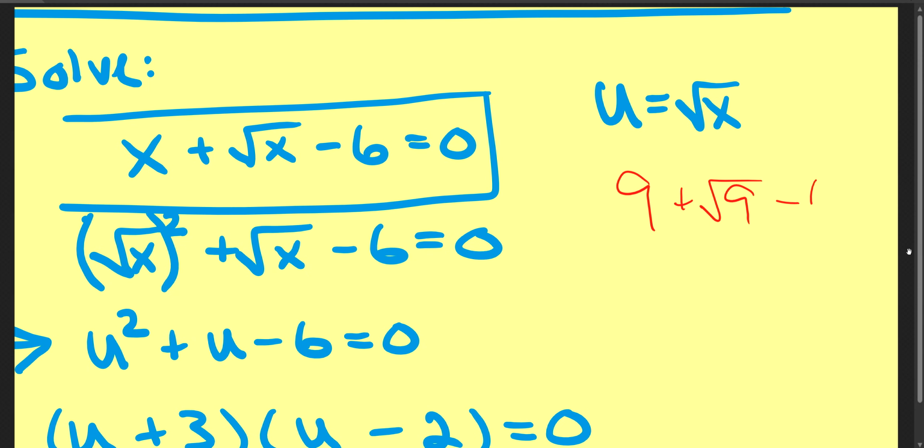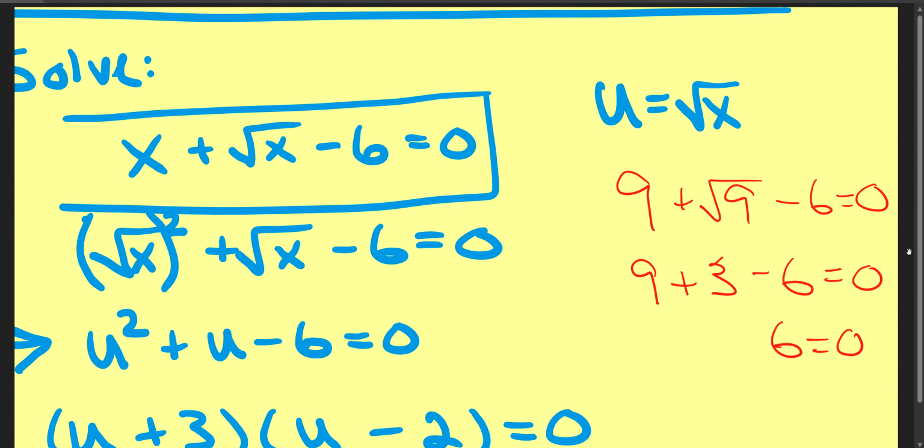Then I'm going to subtract 6, as that equals 0. Alright, 9 plus the square root of 9, which is 3, minus 6 equals 0. Well, 9 plus 3 is 12, minus 6 is 6, so 6 equals 0. So that's false. So that is no solution. Okay, no solution for that one.